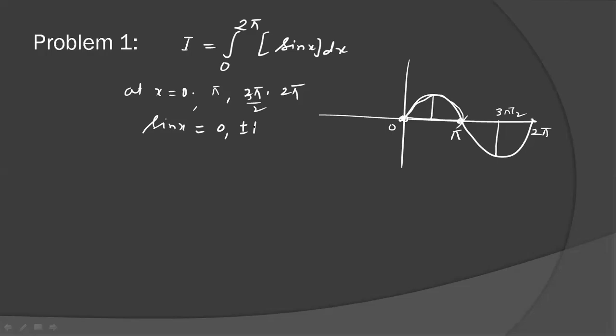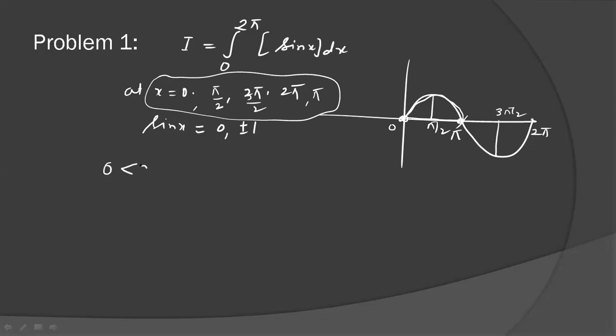And one more value I missed here, pi by 2. So pi by 2, pi, 3 pi by 2 and 2 pi, at these values it will be an integer value. It means at these values the function is not differentiable, so we cannot check at these values. Now let's see in 0 to pi.